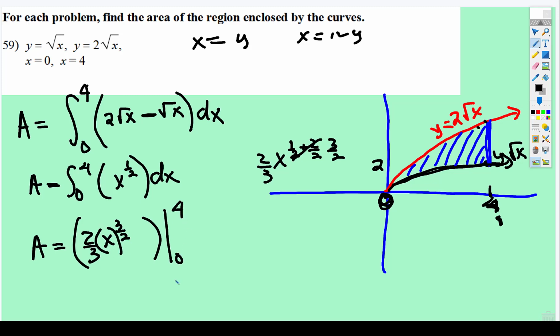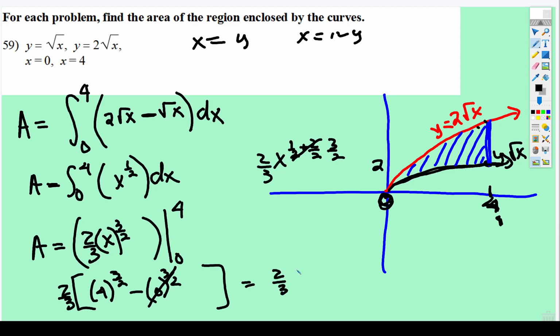When you subtract, we're going to put 2/3 on the outside, and then do 4 to the 3/2 subtract 0 to the 3/2. When you put 0 in there, that will just zero out. So then you have 2/3 times 4 to the 3/2.